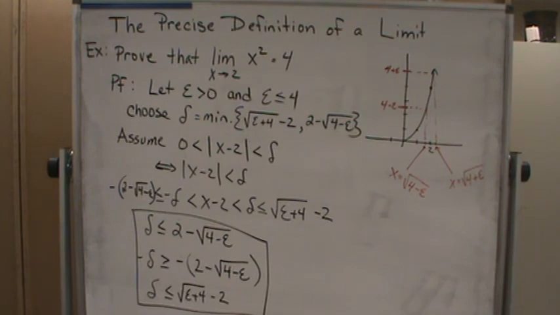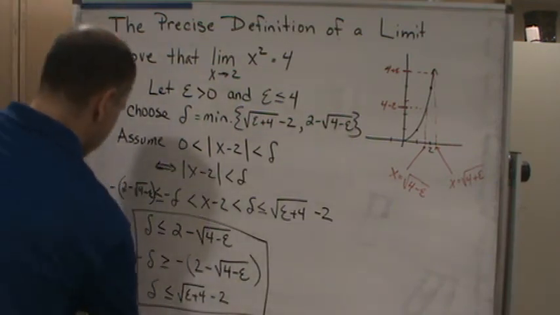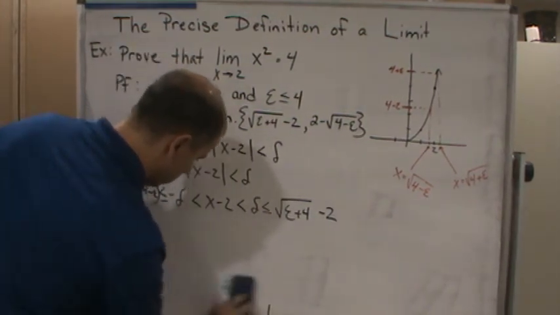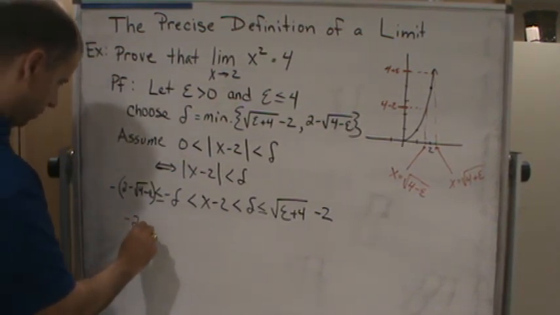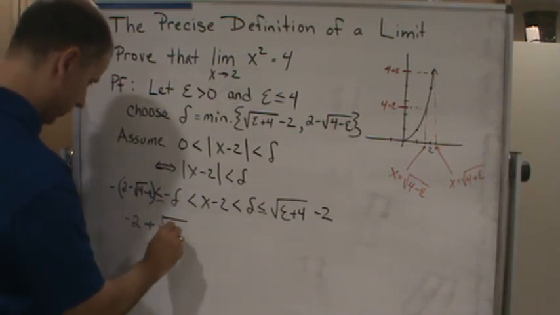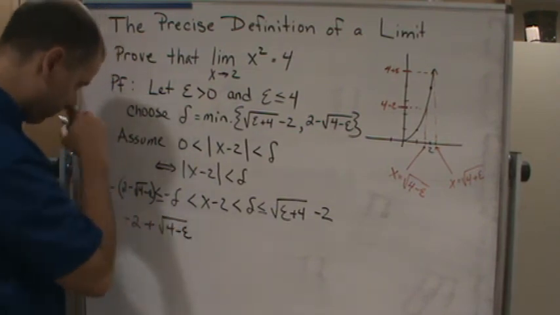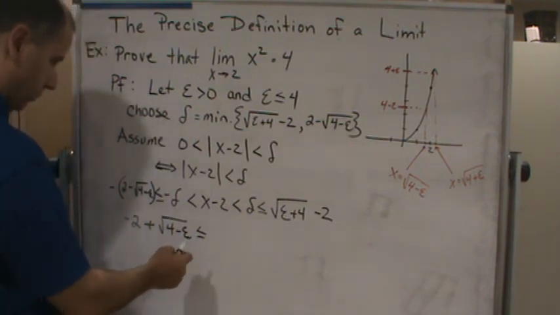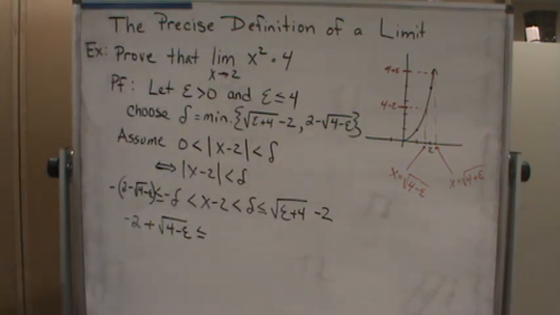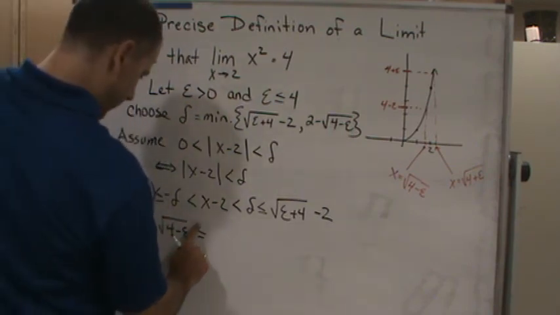And now if we simplify the expression on the left, we get negative 2 plus the square root of 4 minus epsilon is less than or equal to negative delta, which is less than this, so we can actually just repeat.